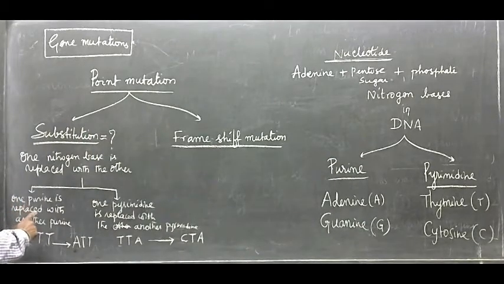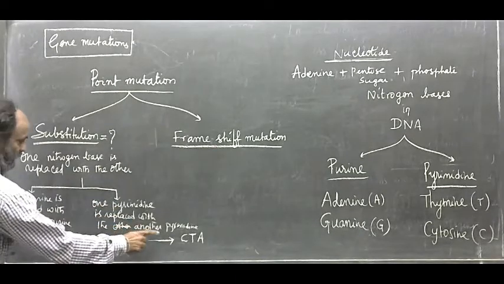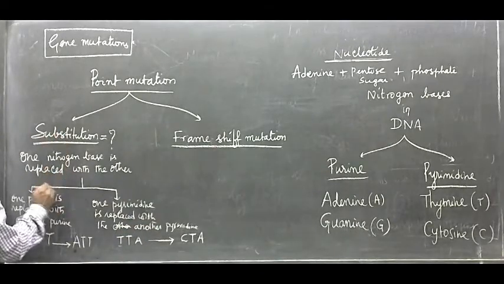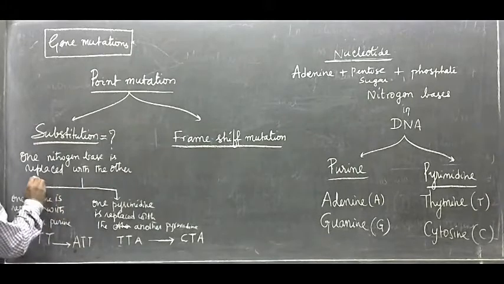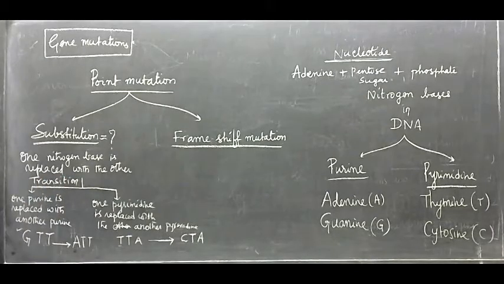When one purine is replaced with another purine or one pyrimidine by another pyrimidine, this kind of substitution is called transition. So what is a transition? Transition is one kind of substitution in which one purine is replaced with another purine.